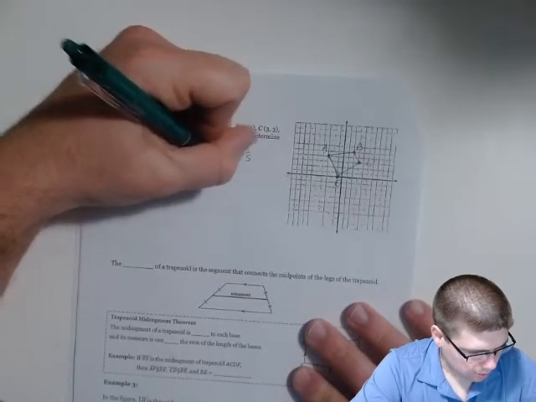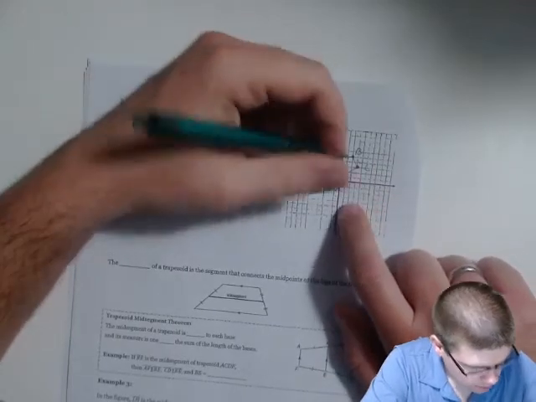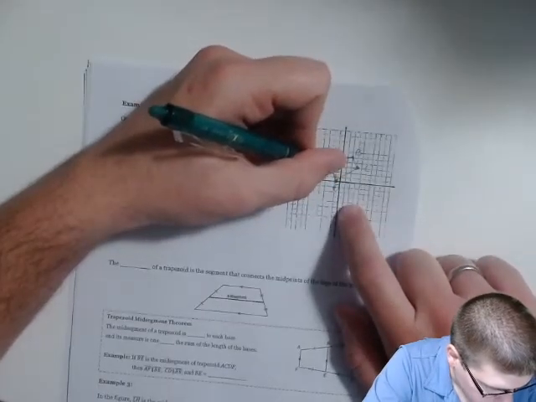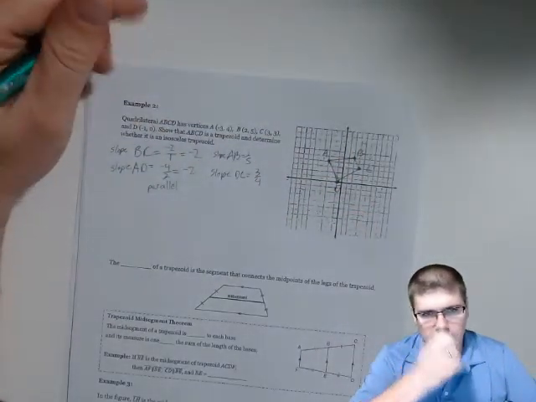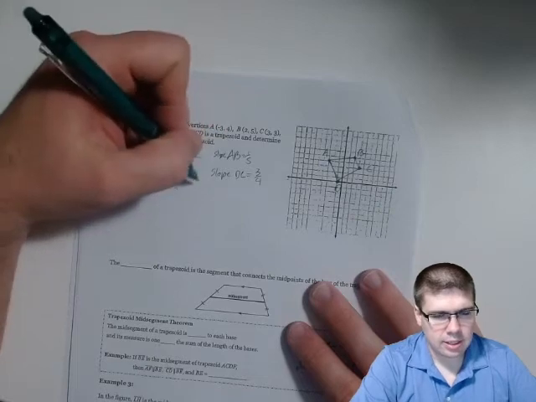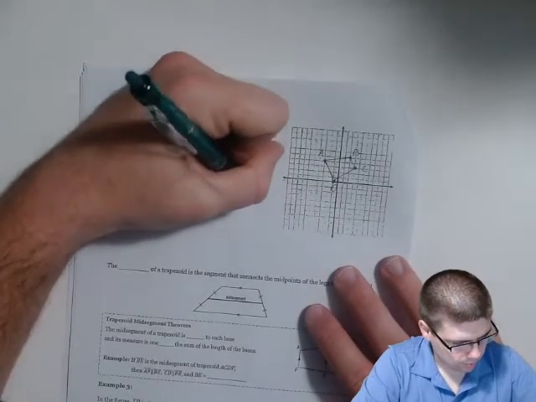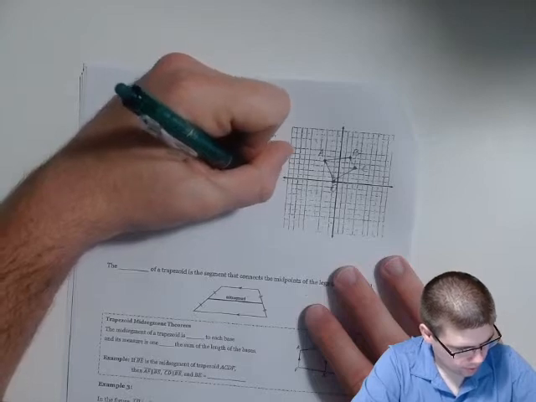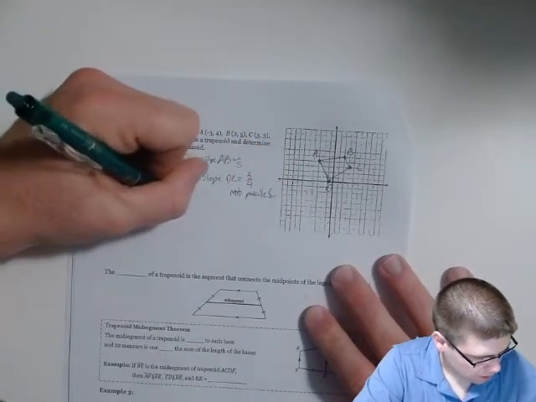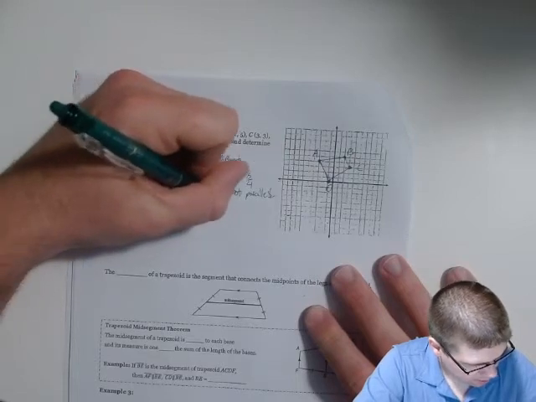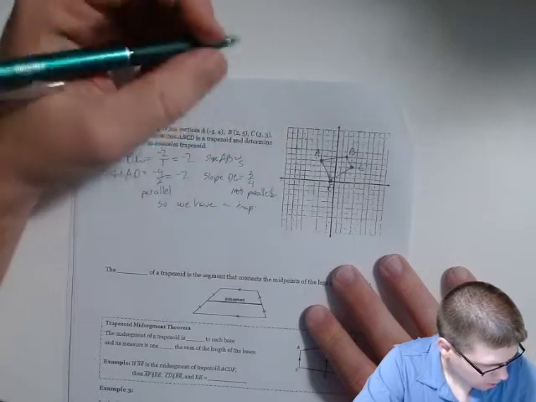Slope of DC. So rise looks like 3, run is 4, 3/4. We are good. So that is not parallel. Not parallel, so we have a trapezoid.